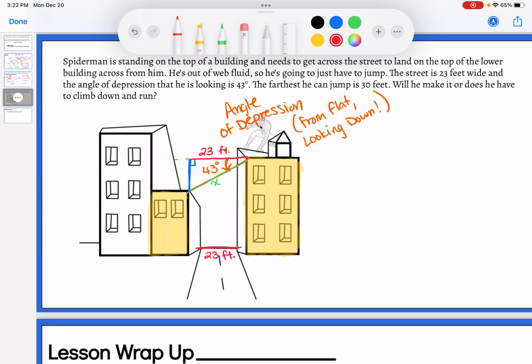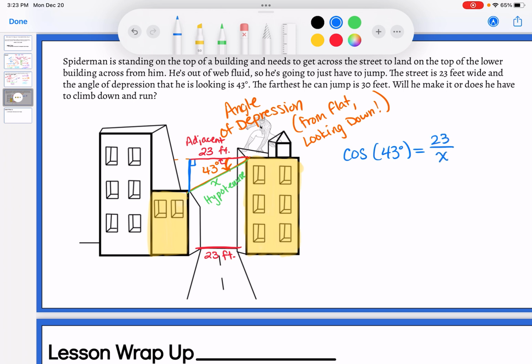I have x as my hypotenuse, because it's across from the right angle, and the 23 feet is the side right next to my 43 degrees, so this would be the adjacent side. So I have adjacent and hypotenuse, so that would be cosine. So the cosine of 43 degrees equals adjacent 23 over hypotenuse x.